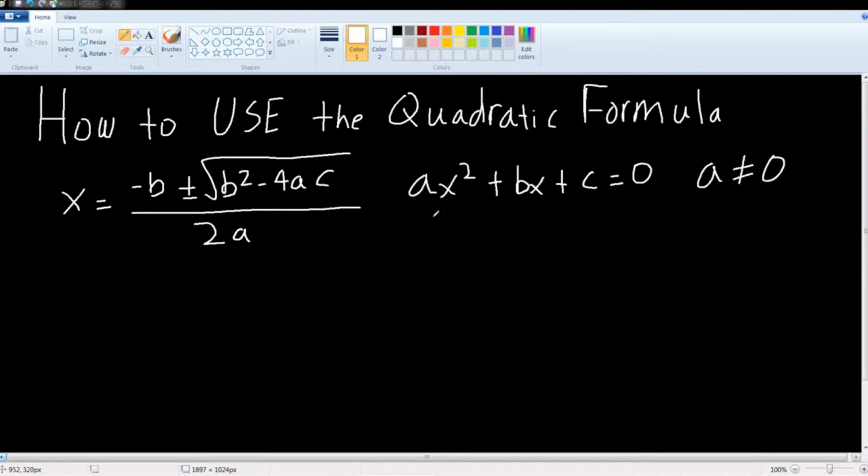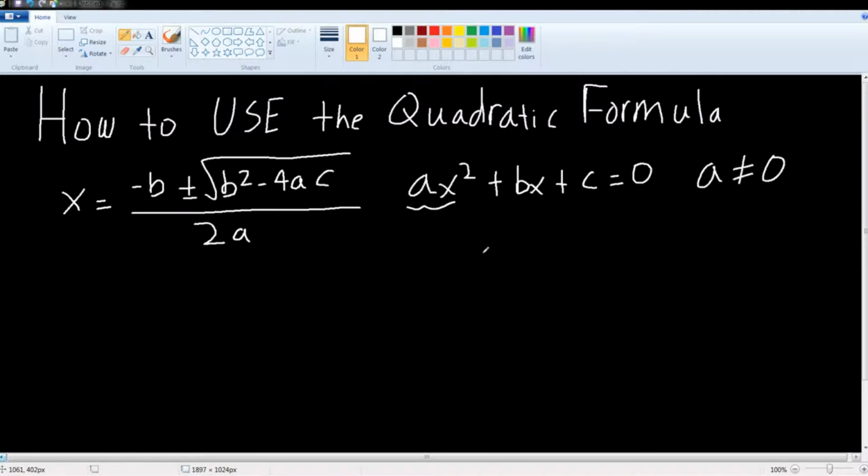If a is 0, this term ax squared becomes 0, right? Because 0 times anything is just 0, so 0 times x squared is just 0. And if a is 0, this just becomes a linear equation, which would just be bx plus c equals 0. So remember, a cannot be 0.